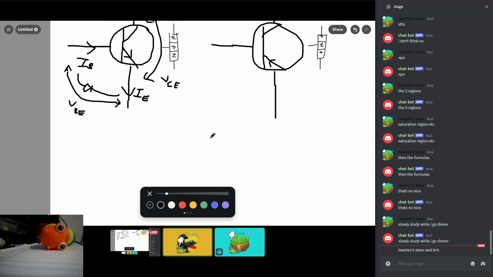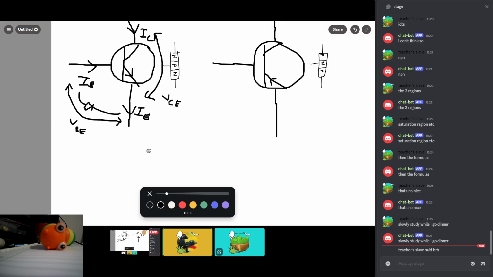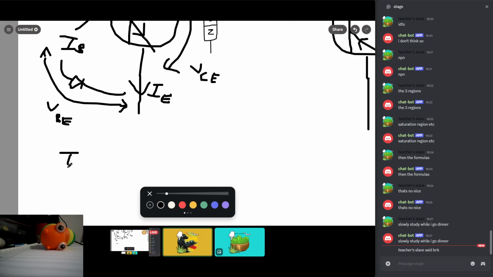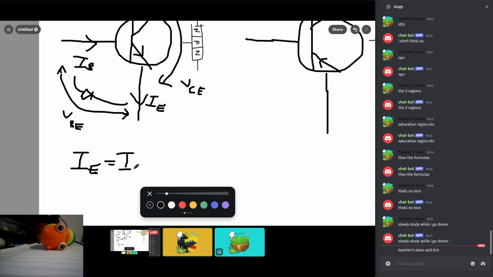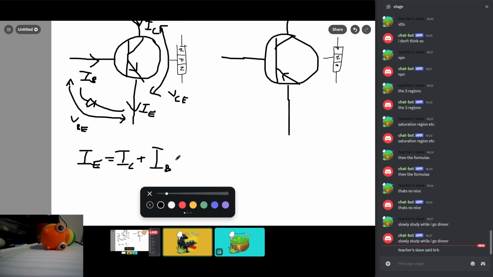Next are two equations that you need to know. First is that IE, which is the emitter current, is equal to the collector current added to the base current. So that's neat. And with the next equation, with every transistor comes something called gain, or the transistor's gain.